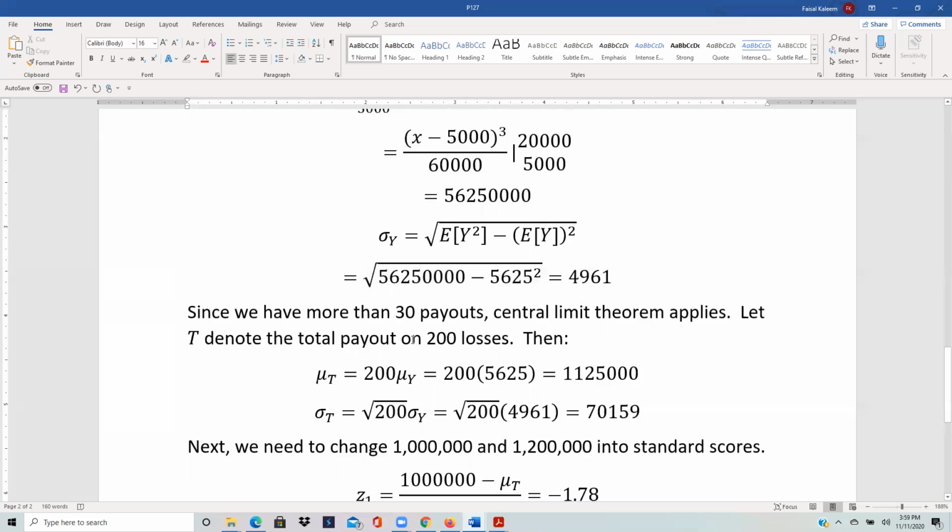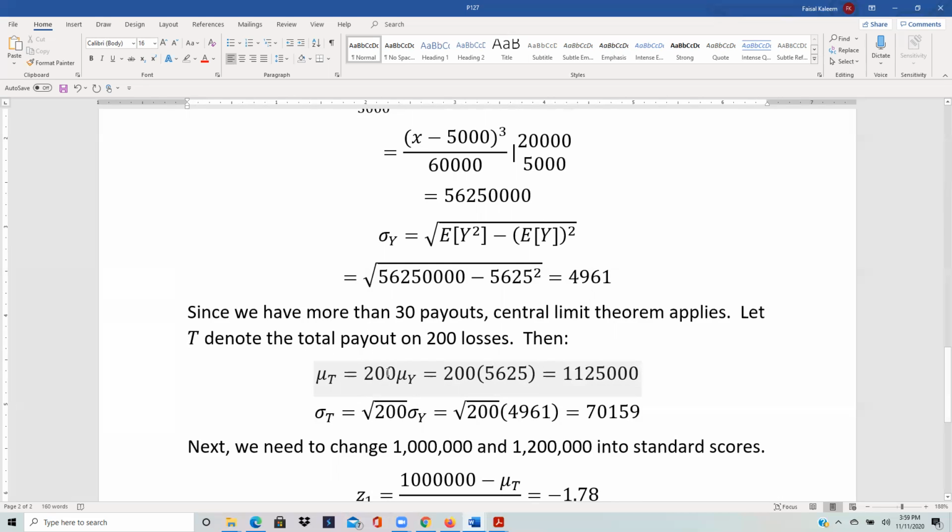And the central limit theorem applies. Let T denote the total payout on 200 losses. Then remember, by the central limit theorem, the mean of T will be n times the mean of each, where n is the number of losses, or the number of payouts.